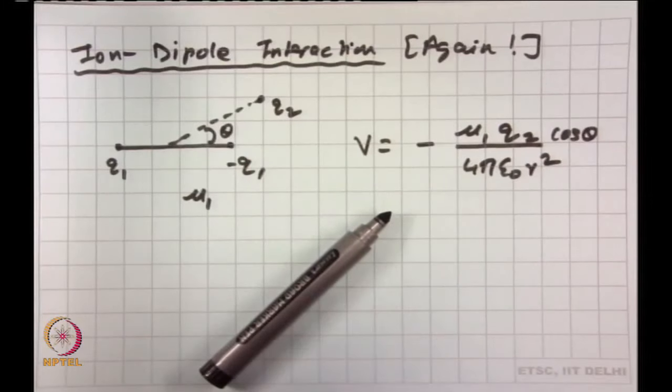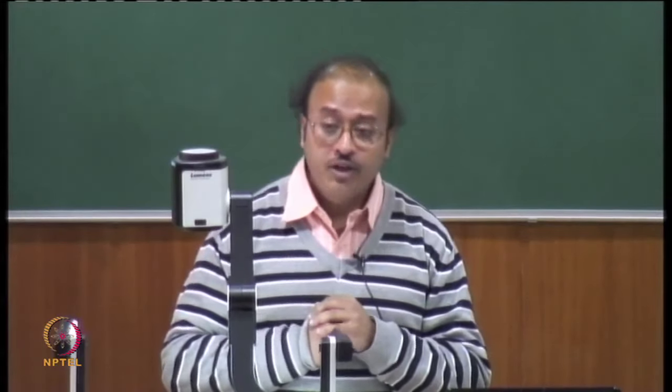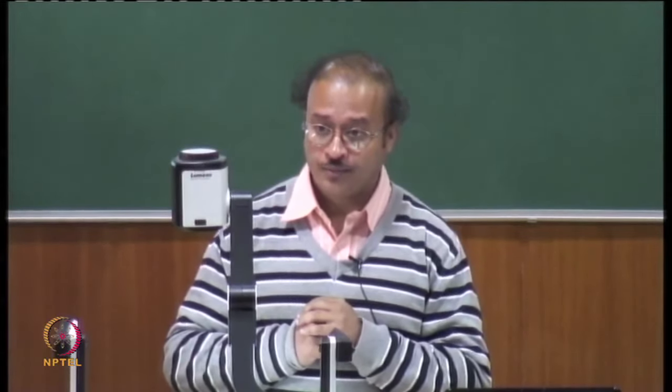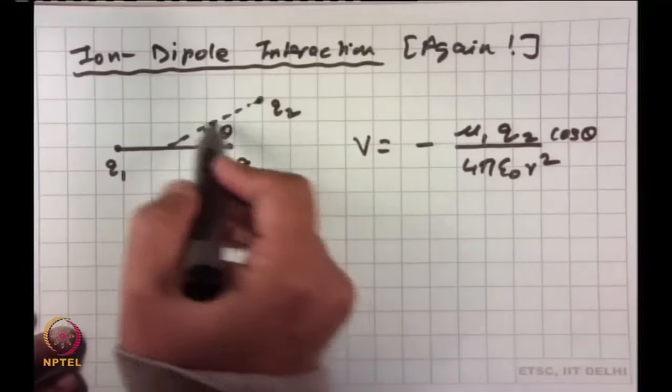But think about a real life situation. If you have a freely tumbling dipole, would you be maintaining a single theta? You will not be maintaining a single theta. What you would instead be maintaining is a range of theta values.